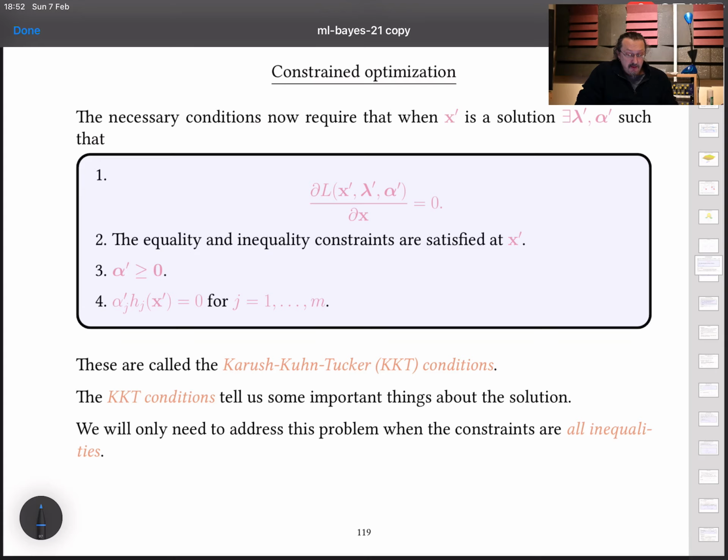That's condition 3. And we also have this condition 4, which is slightly more involved, but which I'll come back to later, because that tells us something useful. Okay, the take-home message from this slide, though, is that this extends to the case with inequality constraints, and the necessary conditions for the solution are just slightly more numerous.